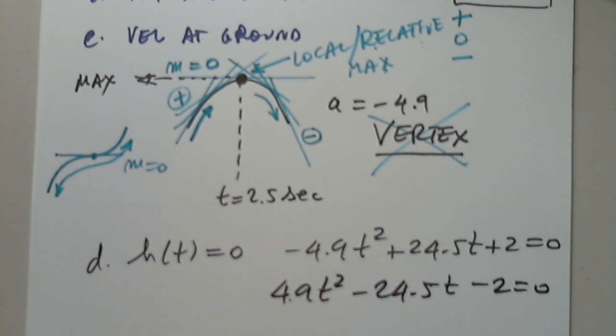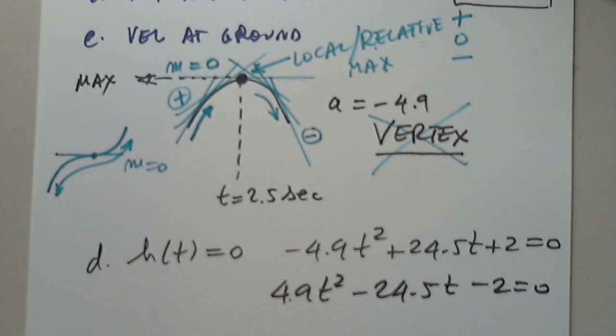And then plug this in the graphing calculator, under the apps. So we have apps, and we have this polynomial root finder, number 9.